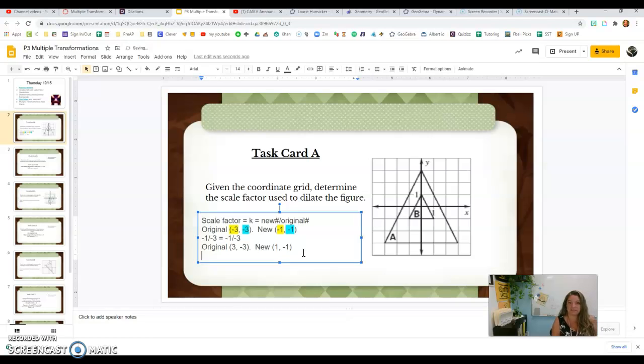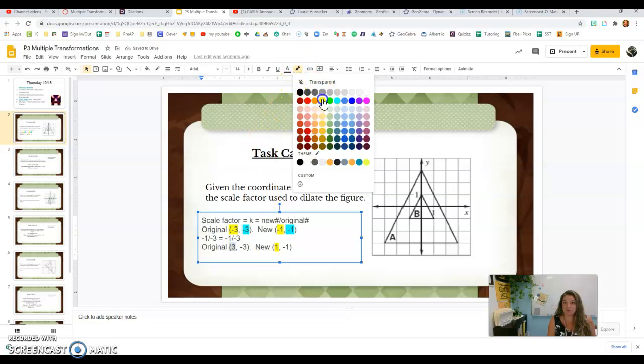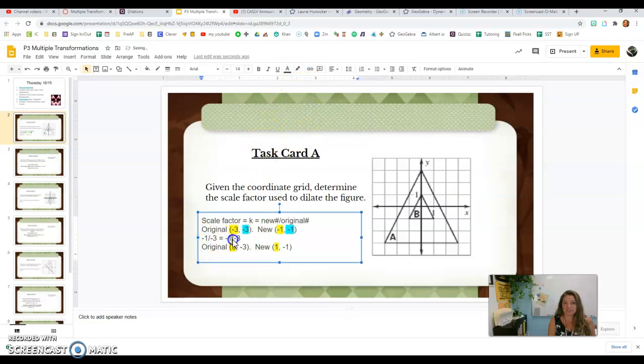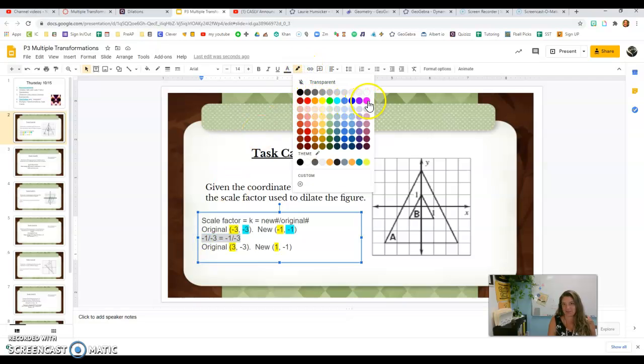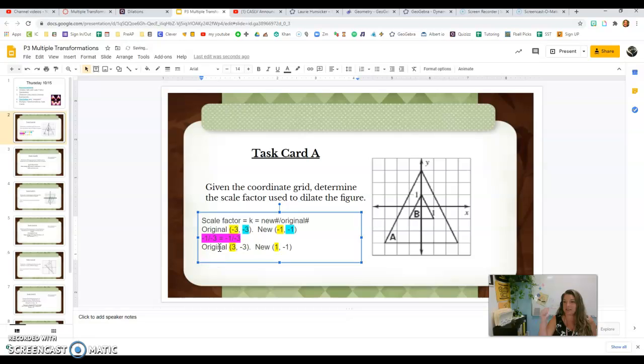And then I'm going to do the same thing. So I'm going to do my new number, and I'm going to divide it by my original number. Now what should happen when I do all of this is that all of these fractions and numbers end up being the same. If they're all the same, then yay, it's a dilation, and then you have your scale factor.